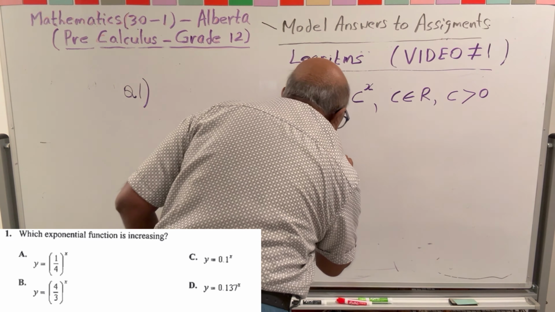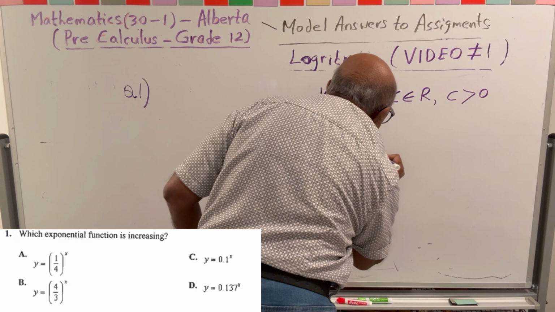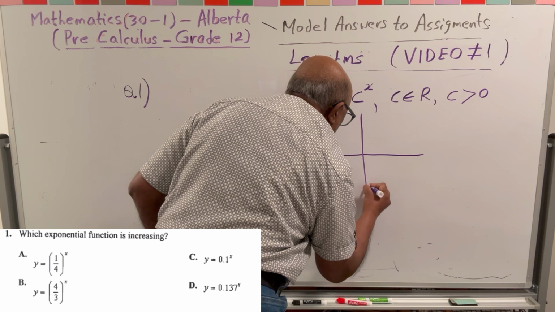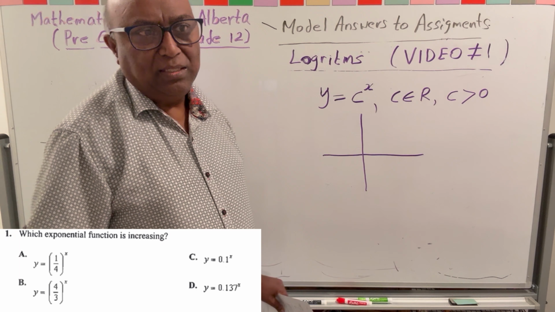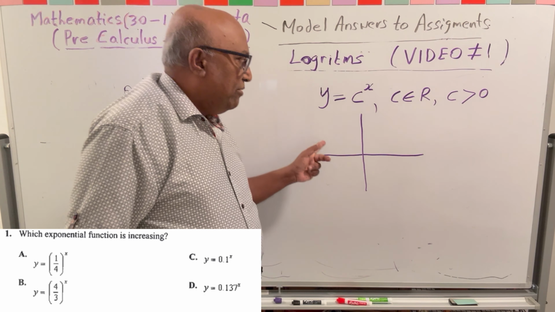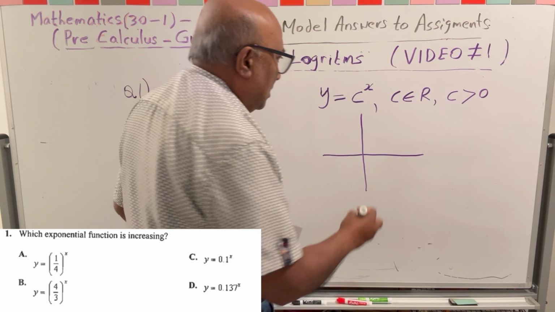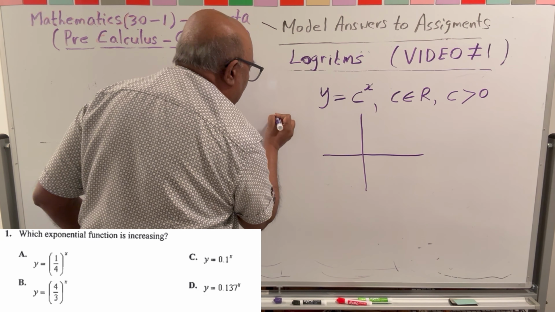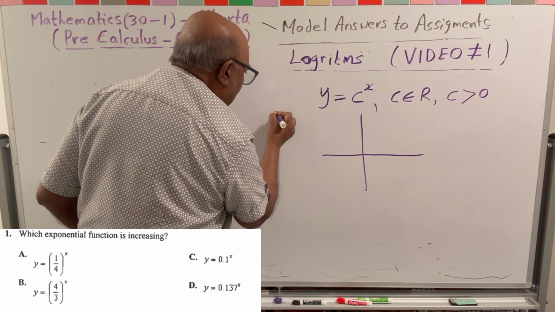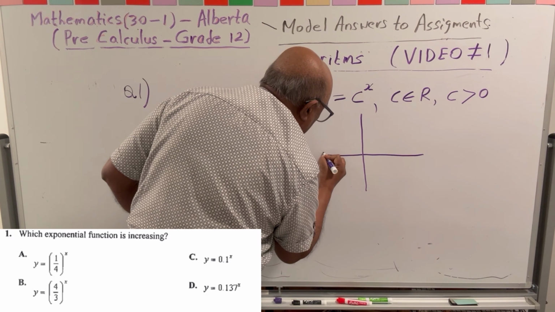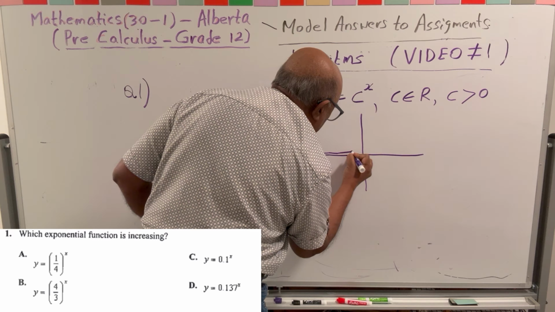Okay, how do you do the graph? There are 2 situations we need to consider to analyze the behavior of the function. When c is positive, if c is greater than 1, the function is behaving like this.